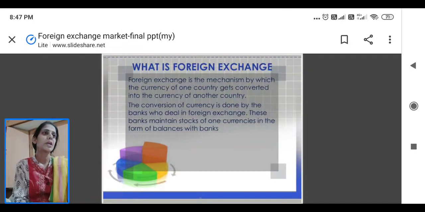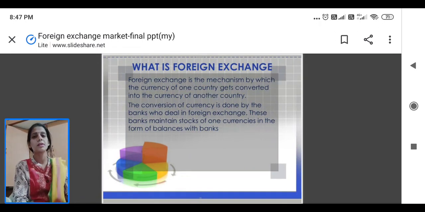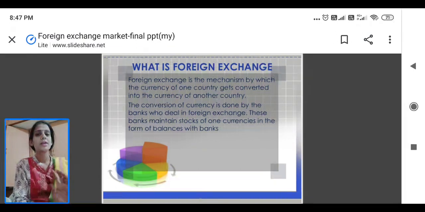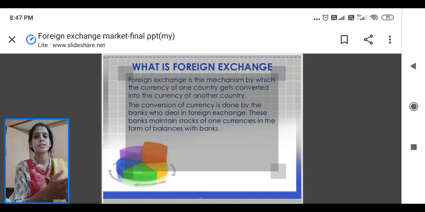When we talk about the exchange control of money, these banks maintain a stock of one currency in the form of balance with the bank. So the bank should have a proper balance of different countries' currencies so that it can transact with them. Can you just go and deposit your Indian currency and immediately get the money?